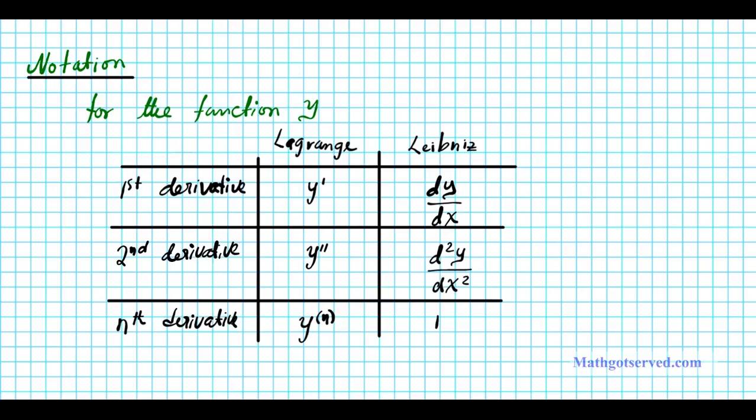And for the Leibniz, it's d n y dx to the n. This is just a real quick overview of the notation that we're going to be using to guide our problem solving process. Let's go ahead and try out some examples.